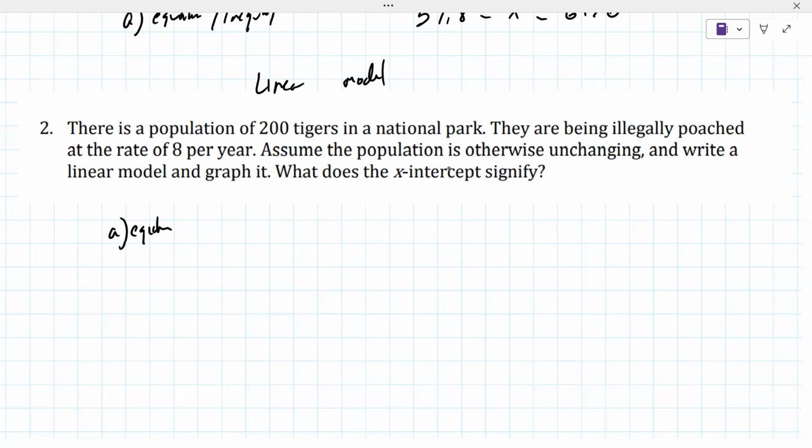200 minus 8x. Okay. All right, so the x-intercept, that's kind of a little bit beyond where you are, but that's down here.